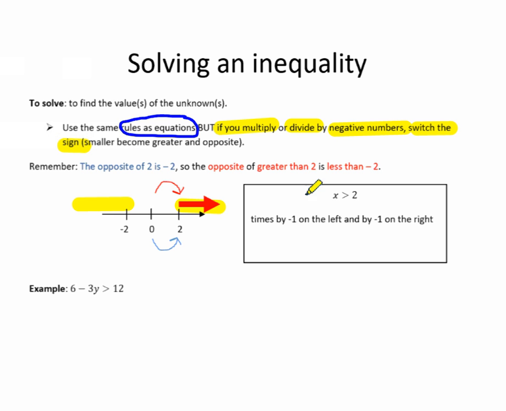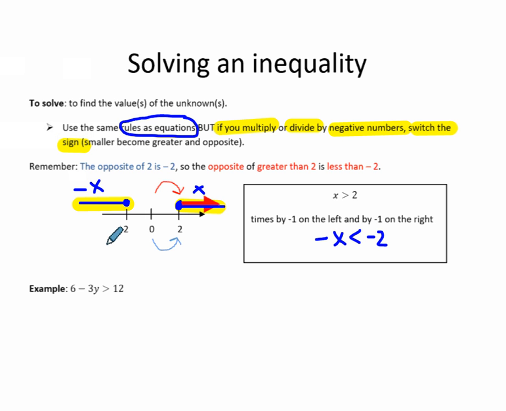So if you have x is greater than 2 and we multiply by negative 1, we're going to have minus x is smaller than negative 2. So if x is greater than 2 and we go the other way around, my negative x is going to be smaller than negative 2.